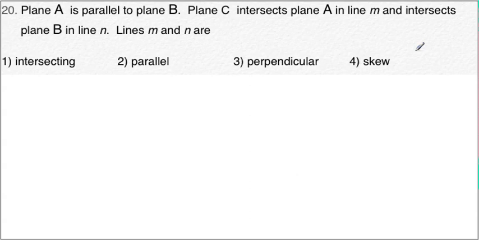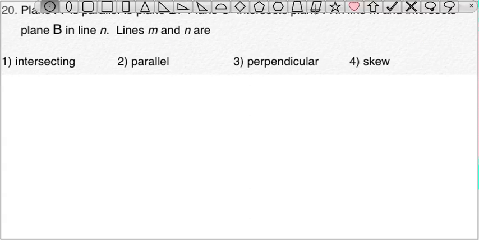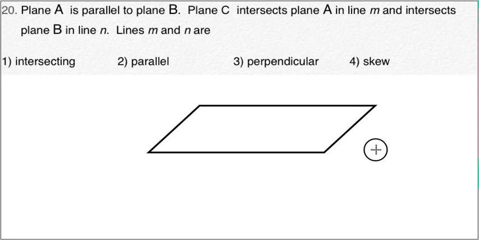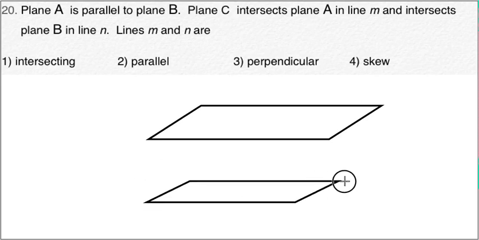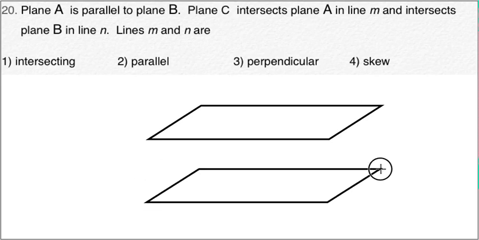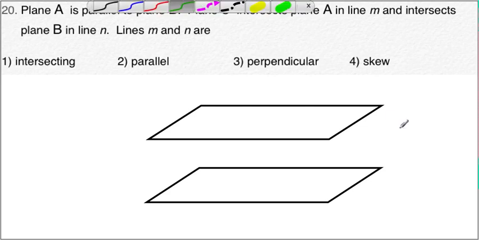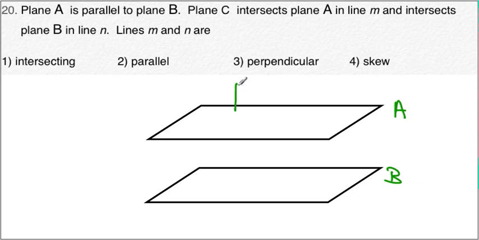Plane A is parallel to plane B. Now, what does that mean? Let's assume this is the first plane and that's the second plane. Plane A and then plane B. But there's another plane coming down.